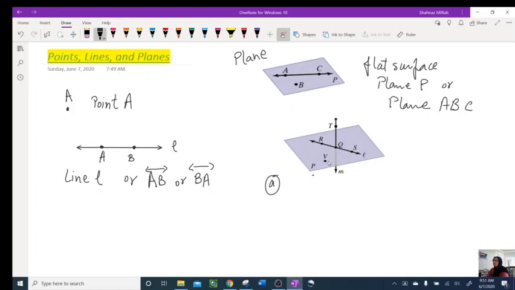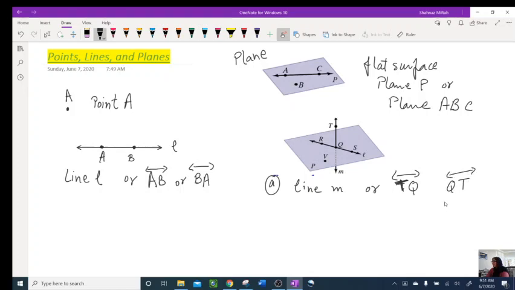You can name it TQ, it's just another way to write it down, or you can say line M. This is a line, so if I want to name it, it's going to be line M, or you can say line TQ, or line QT, either way.